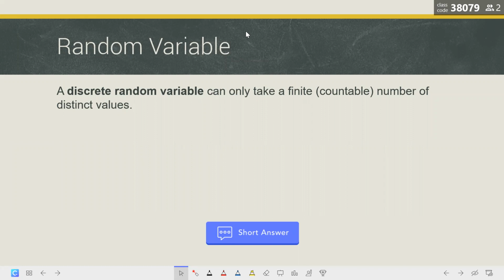Anyone from the class? Sige, Frances. Number of people in one section po. Kunwari po, sa section ng Edison, may 17 na students. Very good. That's correct. Number of students per section. What else?